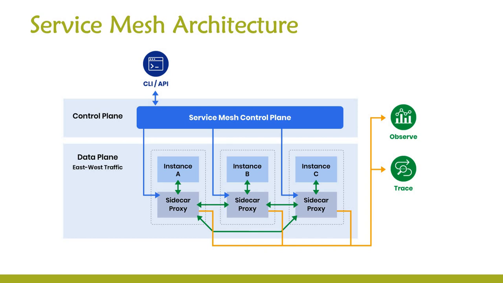The sidecar proxies collect data on the traffic flowing through them, which can be sent to a monitoring system for observability. Tracing means tracing the path of a request through multiple services, so using the trace box we can trace the request through the multiple services.